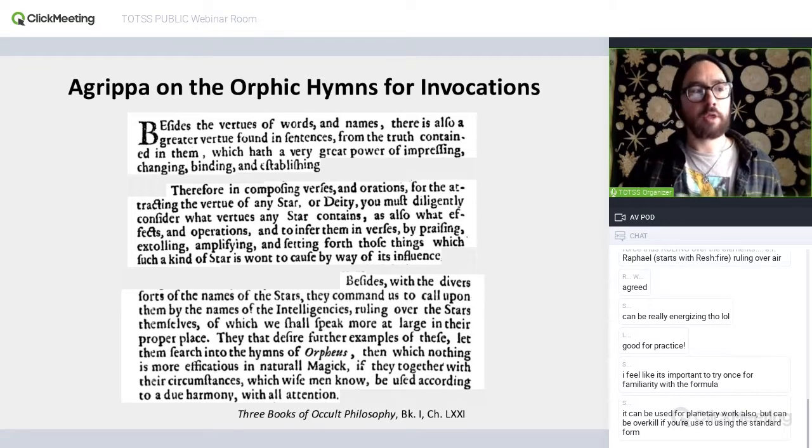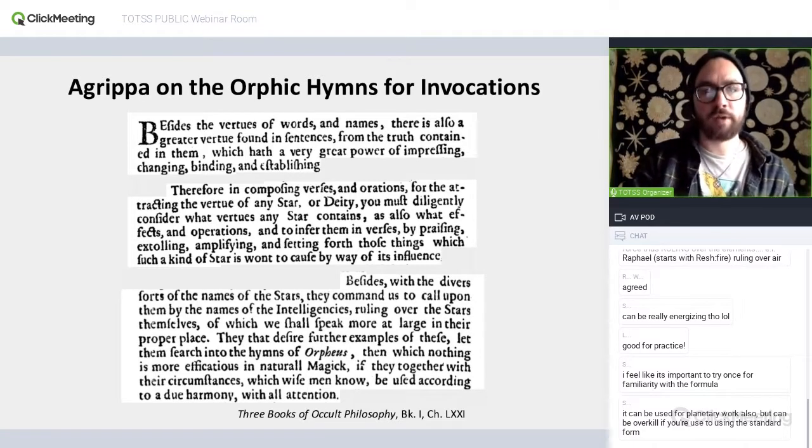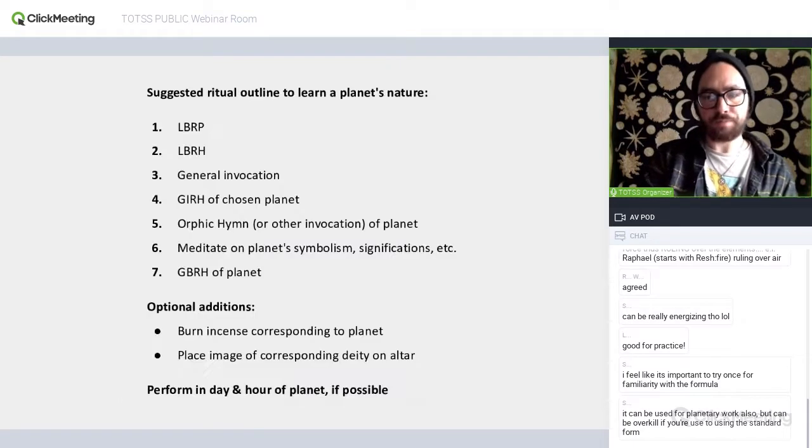So in addition to the more formal and symbolic ritual of the hexagram, where it's shapes and colors and corresponding names, we'll also have a poetic thing, talking about the powers and the associations of Venus as a way of also invoking her powers. And the same thing with the other planets. We'll use the hymn to the associated deity with that planet, as we talked about two weeks ago, and we'll use that hymn to assist in our invocation of the powers of the planets.